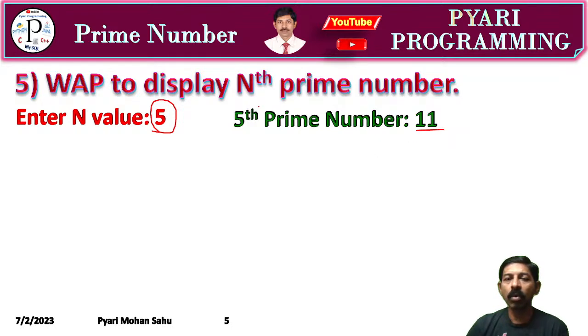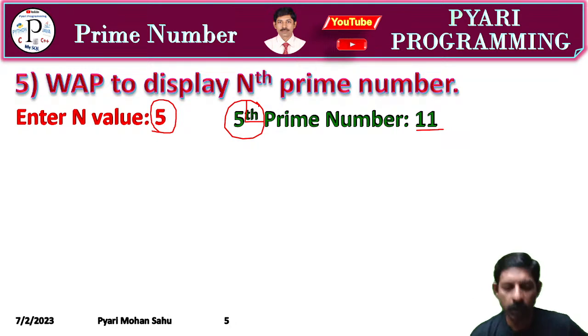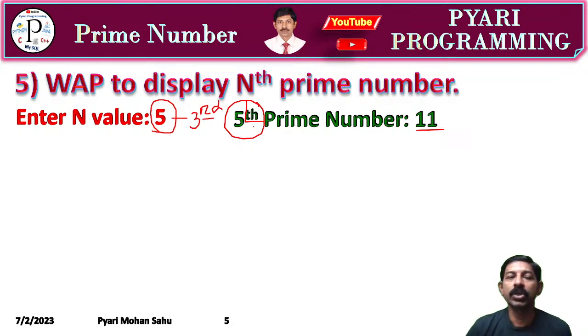Now, if you want to display this one, fifth, so for this TH, again we need a condition. Especially for those who are emphasizing the output part, a special logic has to be applied. Because if the user has given 3, it has to be displayed third. So I have to check the number first to get this one, RD or TH.